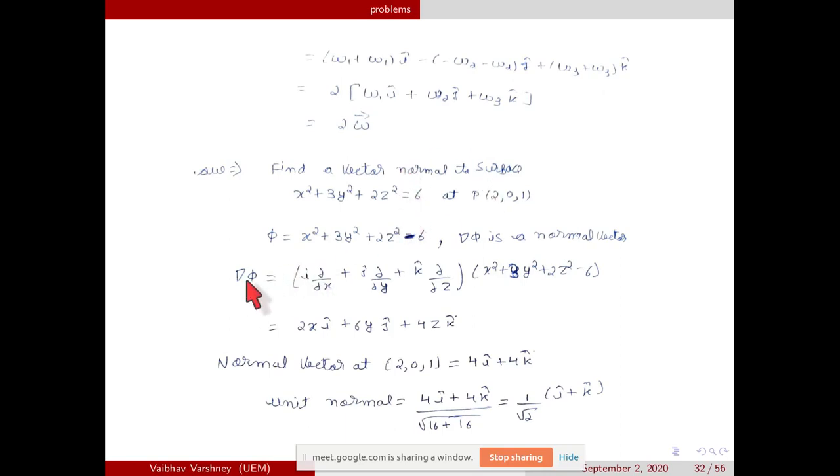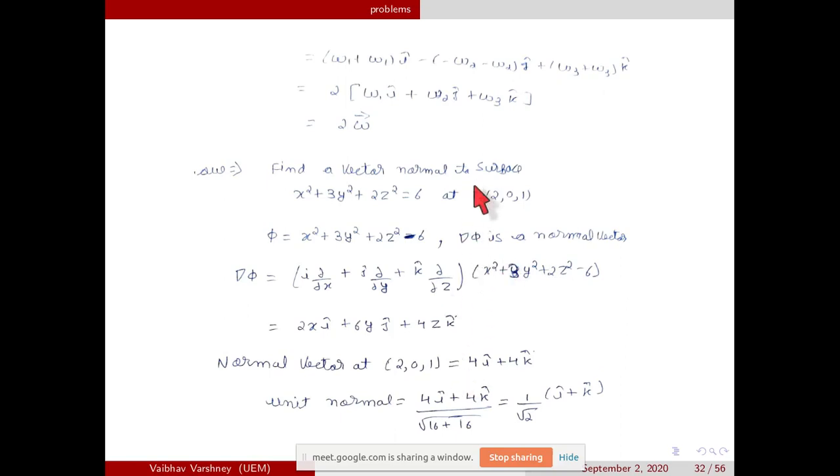So this is the gradient of phi, i del by del x plus j del by del y plus k del by del z, and it will operate on this scalar function x square plus 3y square plus 2z square minus 6. x operates only on x, so it is 2x i cap. In the same way y operates only on y, so the derivative of 3y square is 6y j cap. z operates only on z, so it is 4z k cap.